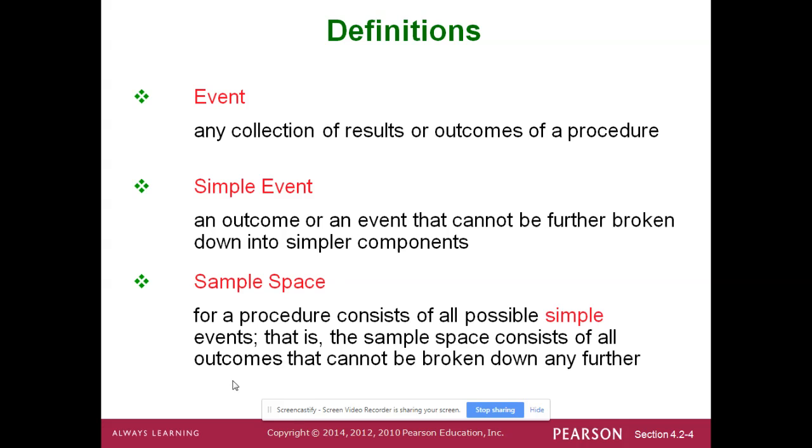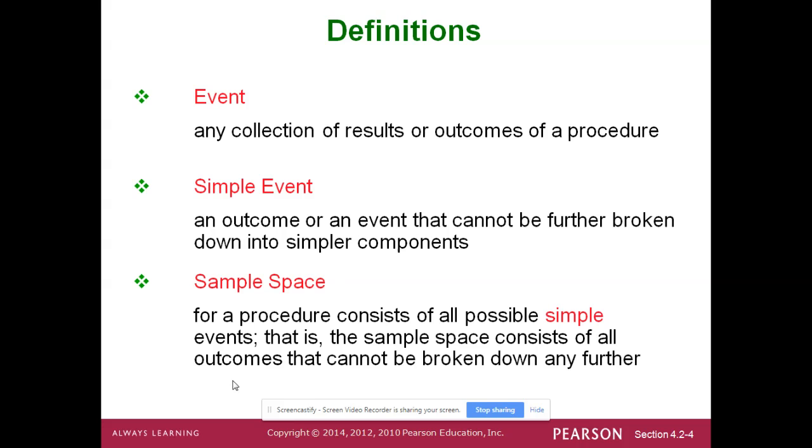So that goes back to the definition of a simple event. The sample space is the listing of all of those things that could happen. If you get a question that says, write the sample space for this event, that means write every possible outcome. So if it's a coin, you write heads, you write tails. That's your sample space.